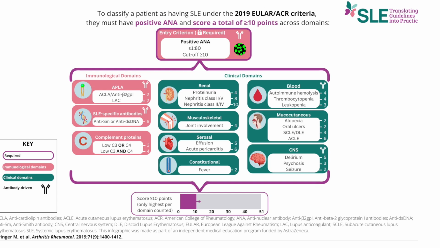But there are other organ manifestations that are direct antibody effects, like the hematological findings. Autoimmune hemolysis is antibody-driven, so is leukopenia, thrombocytopenia, and, as we understand it, at least in part, psychosis and delirium.